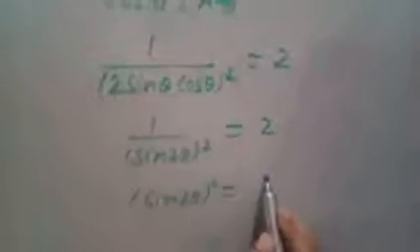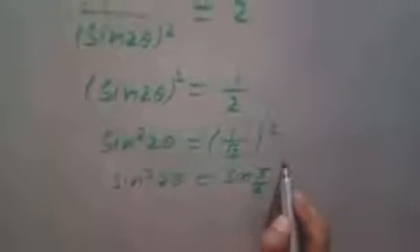So sin 2 theta whole square is equal to 1 upon 2. So sin square 2 theta is equal to 1 upon root 2 square. So sin square 2 theta is equal to sin square pi by 4.